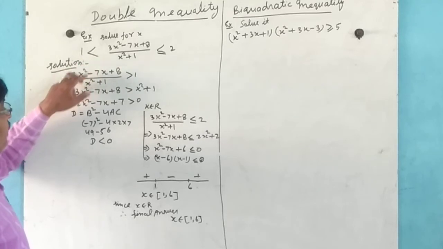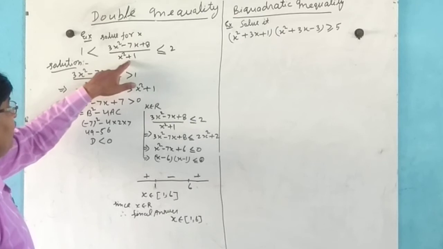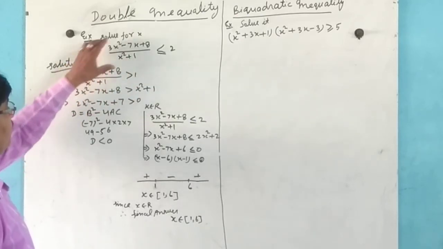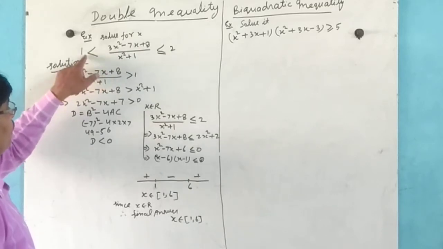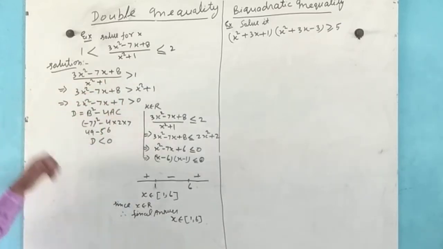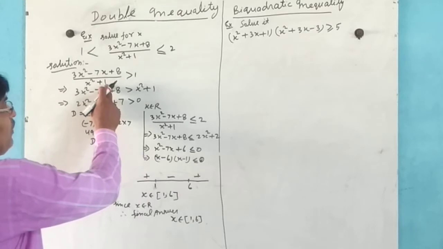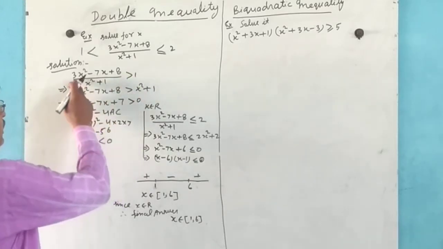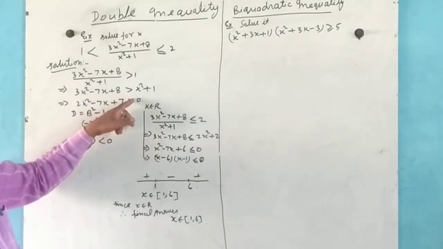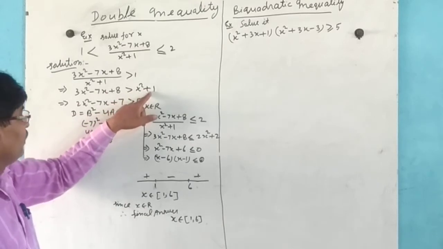Now, to solve such type of inequality, we take separate terms. 3x square minus 7x plus 8 divided by x square plus 1 is greater than 1. After multiplying by x square plus 1, we get 3x square minus 7x plus 8 greater than x square plus 1.